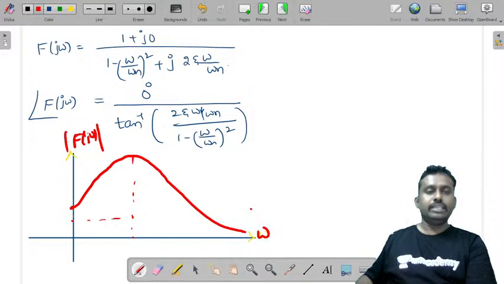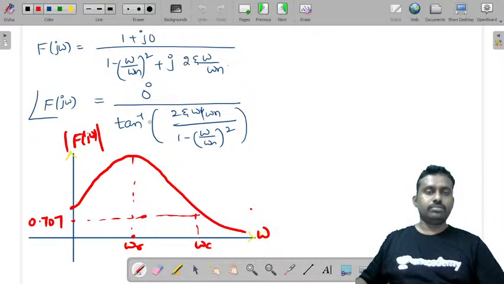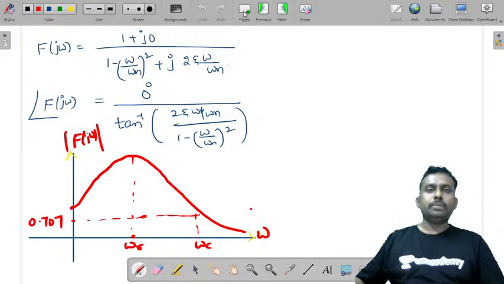This is the cutoff frequency, and this is the resonant frequency. This is 0.707. If you substitute omega equal to 0, omega equal to omega n, omega equal to omega r and so on, you'll get a graph something like this, and you can approximate it.